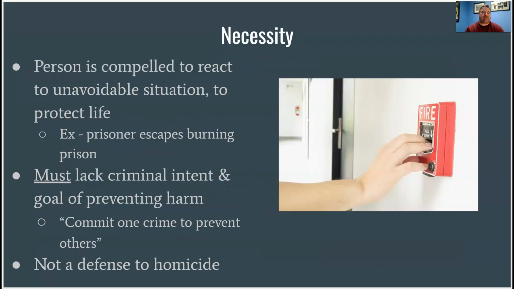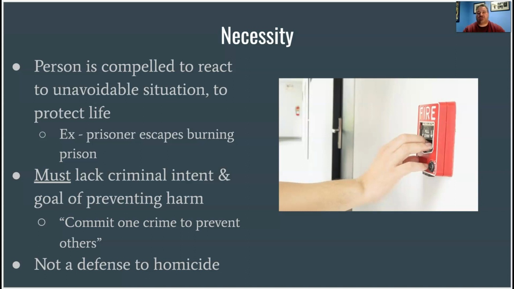Necessity is another defense that can be used against otherwise criminal actions. And the argument basically is, look, I was compelled to react to an unavoidable situation in order to protect my life and the lives of others.